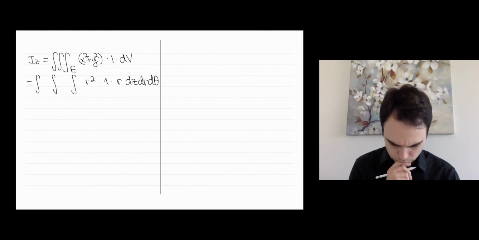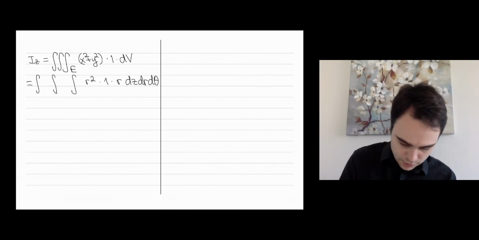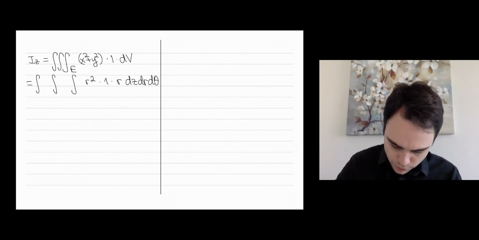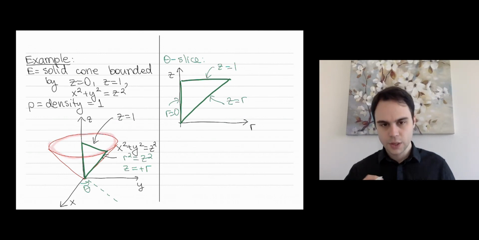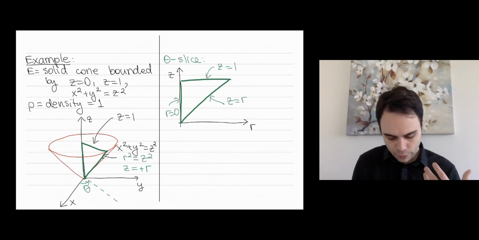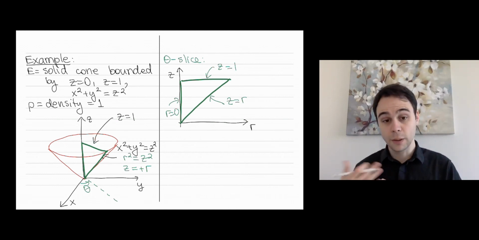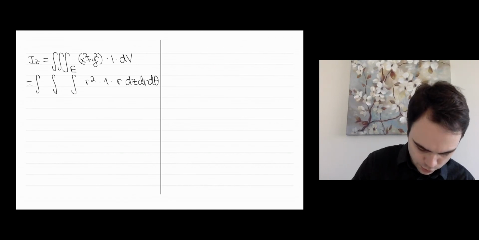And now let's put in the bounds for this cone. Looking at the cone, we see that there are points in this cone with every possible value of theta. So for this cone, the bounds for theta should be 0 to 2 pi.